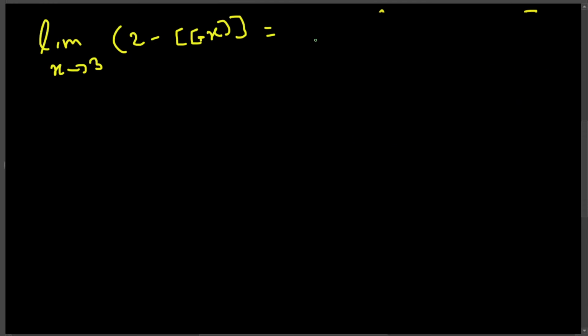If we do that, this is going to be 2 minus the limit as x approaches 3 of the greatest integer of -x.